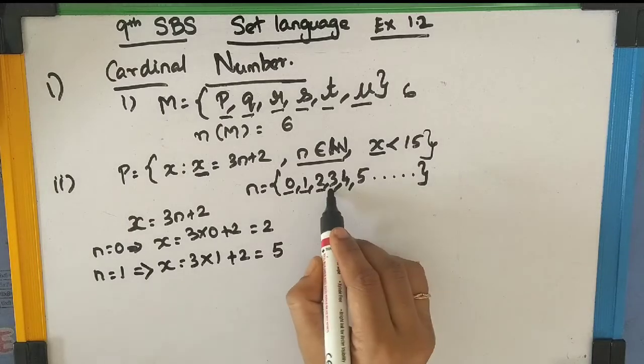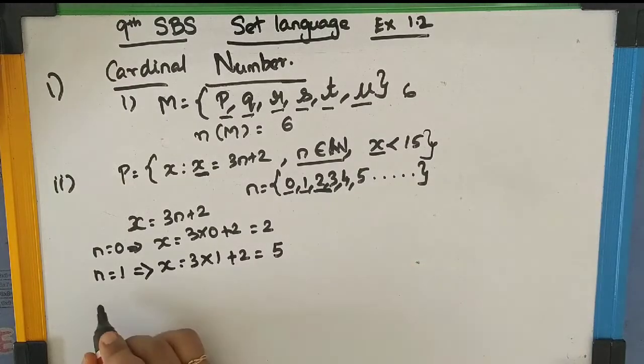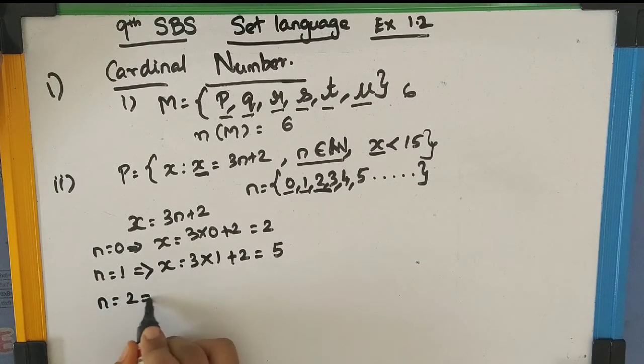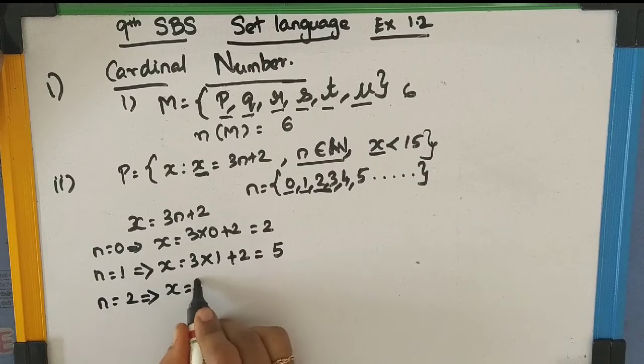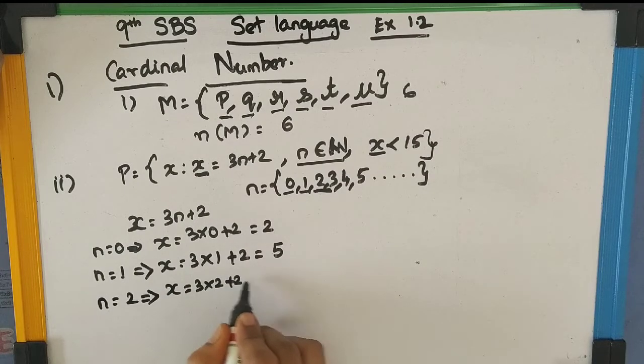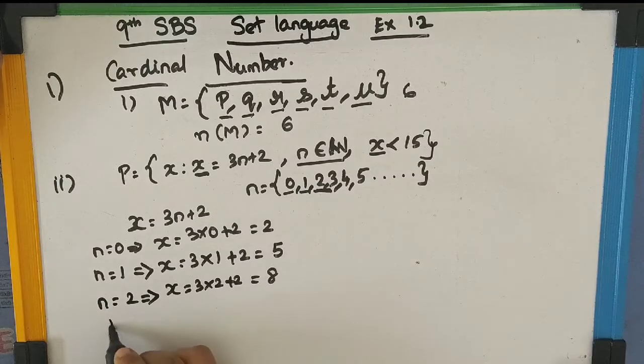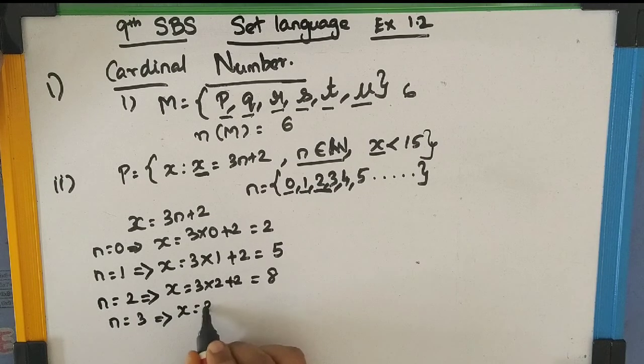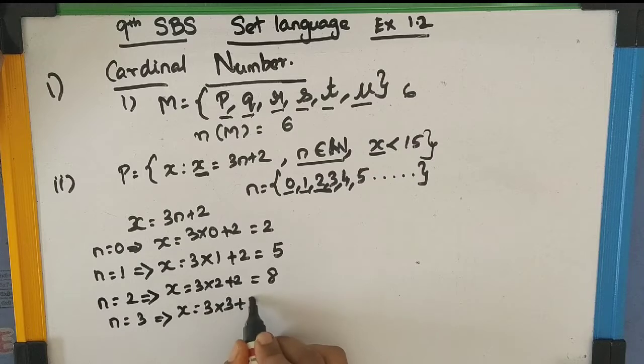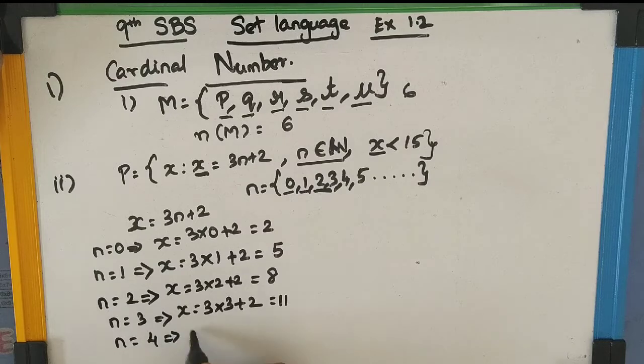Now, let's take n is equal to 2. When n is equal to 2, x is equal to 3 into 2 plus 2. 3 into 2 is 6, plus 2 gives 8. Now, let's take the next case. n is equal to 3. So, x is equal to 3 into 3 plus 2, that is equal to 9 plus 2, 11. Now, n is equal to 4.